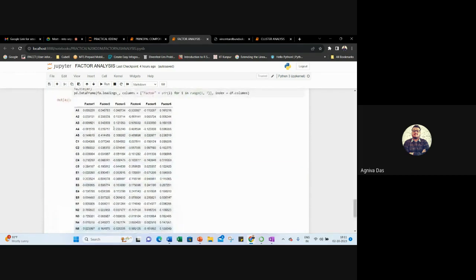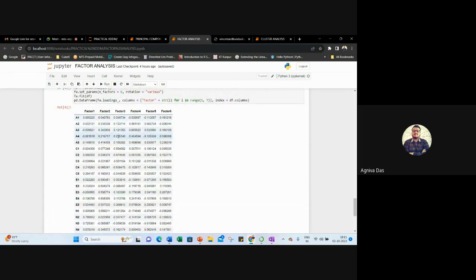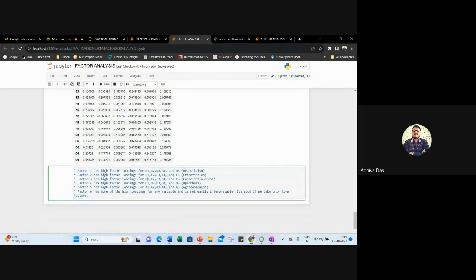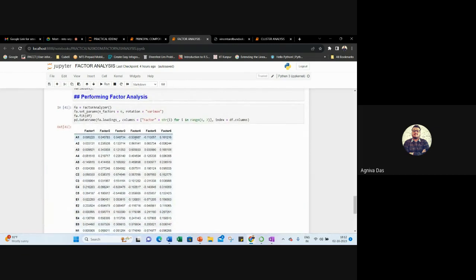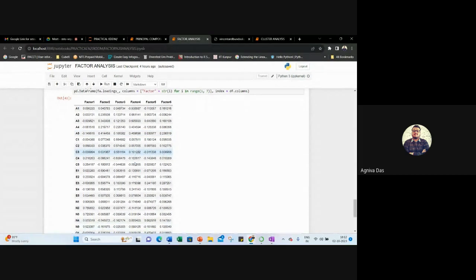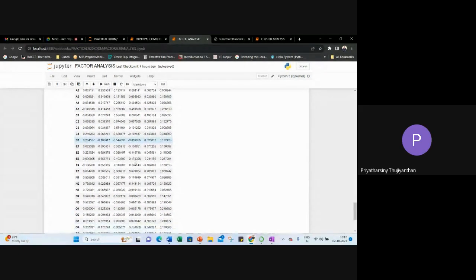Let's see factor 3. Factor 3 for whom is there? Highest is C. C1, C2, C3, C4, and C5. Right? So factor 3 stands for conscientiousness. And then factor 4 has highest loadings in A. Is it highest?